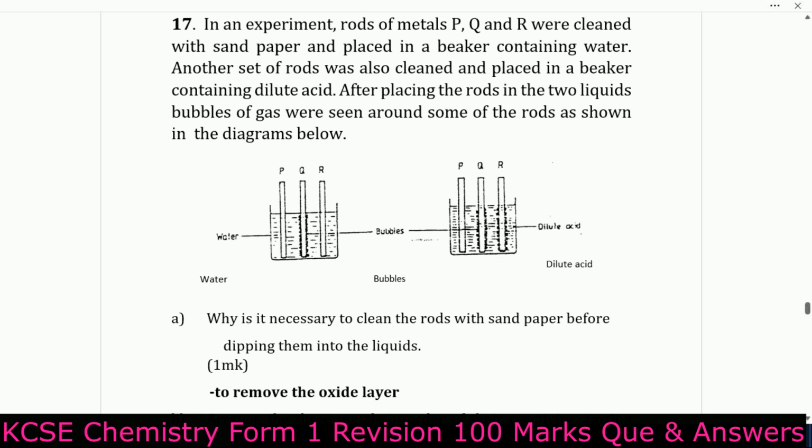After placing the rods in the 2 liquids, bubbles of gas were seen around some of the rods, as shown in the diagram. So rods P, Q, R, we have water, we have bubbles in some rods. In experiment 1, you can see in rod Q bubbles are there, and in R bubbles can be seen.